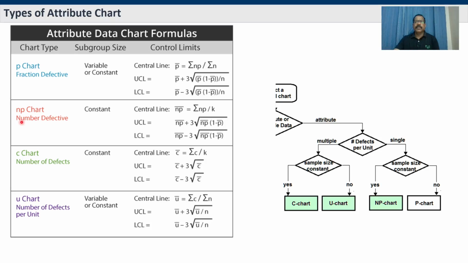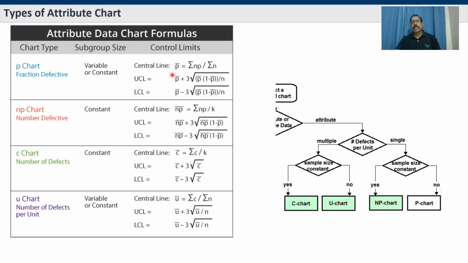NP chart, number of defective. I'll repeat again, C chart and U chart. C chart is per item, in a particular item, how many defects like scratches or cracks are available. But U chart is in one particular subgroup, the total number of samples available. From the total number of samples, if we are able to count how many defects, then it goes under U chart. For each, there is an equation.